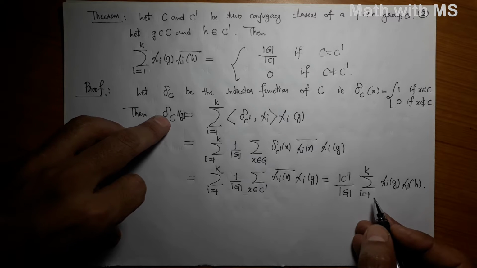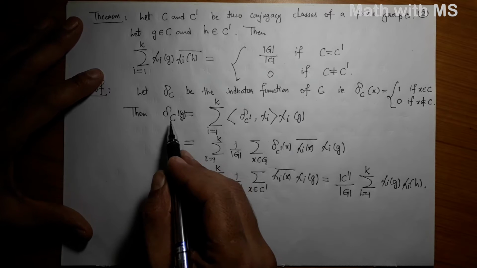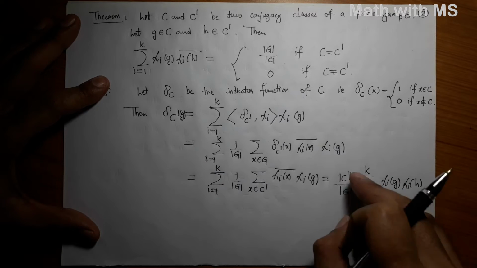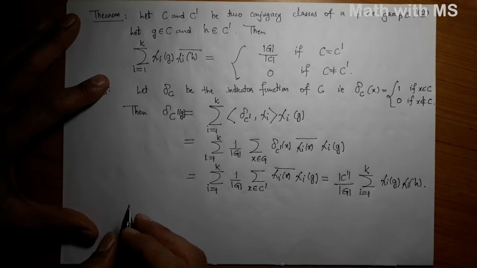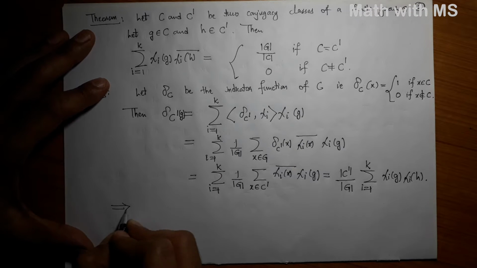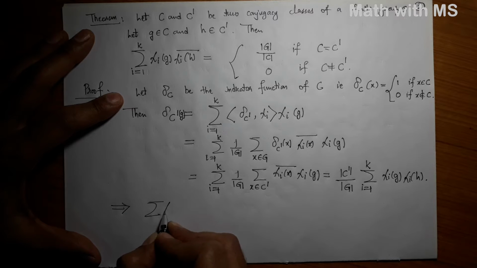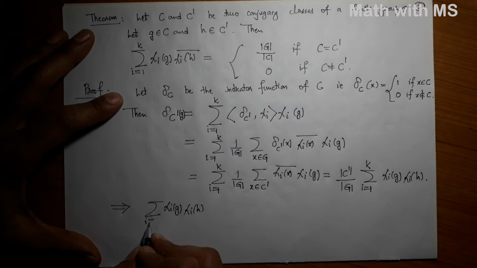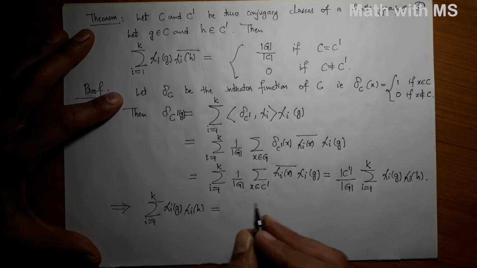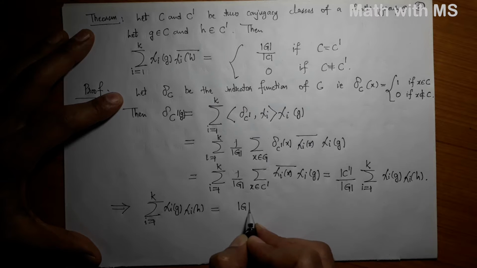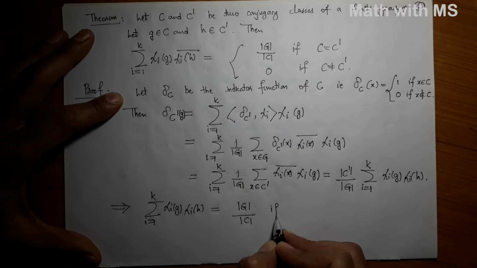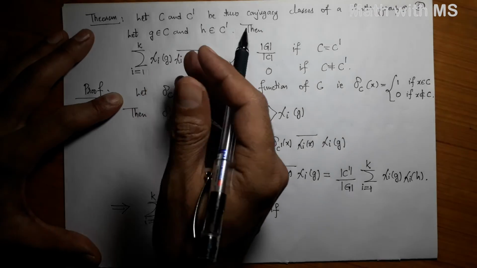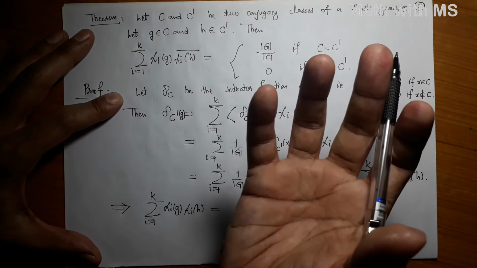Observe that the left hand side survives if and only if g is in C prime. So from there, therefore I can bring this constant order of C prime by order of G on the left hand side, and this implies that the summation chi i of g, chi i of h bar, i from 1 to k, is equal to order of G divided by order of C if g is in C prime, but g is in C and conjugacy classes form a partition, so they are either the same or distinct.